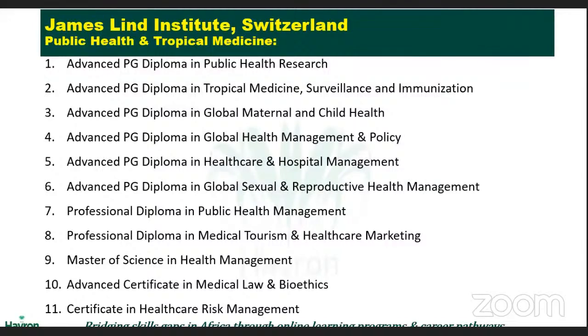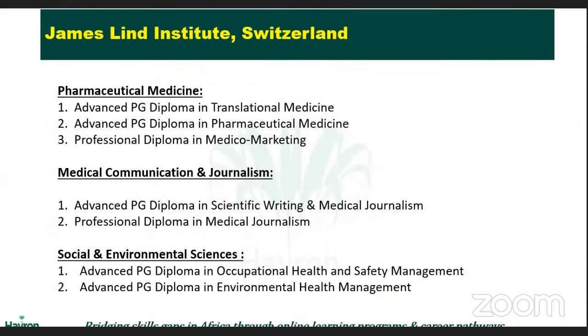Then public health and tropical medicine, still in James Lind Institute. We have these wonderful courses also. Some of them are advanced programs, and they include masters of science in health management, masters in public health, masters in public health care management. So these are still other courses within James Lind Institute.